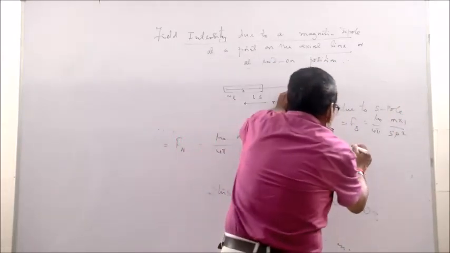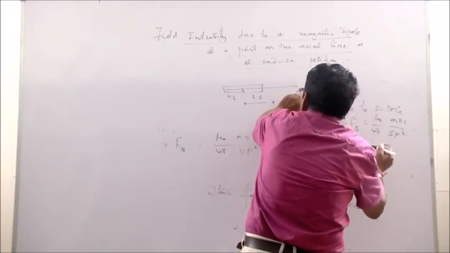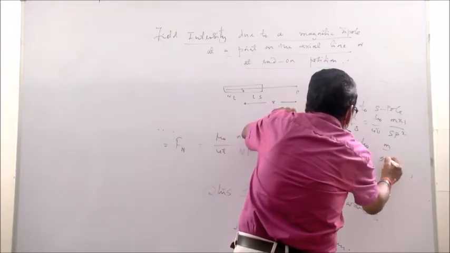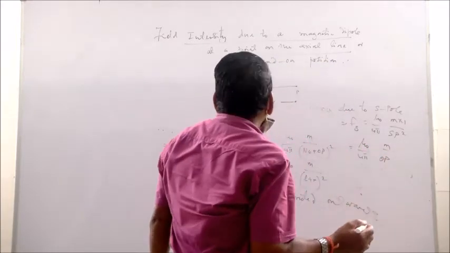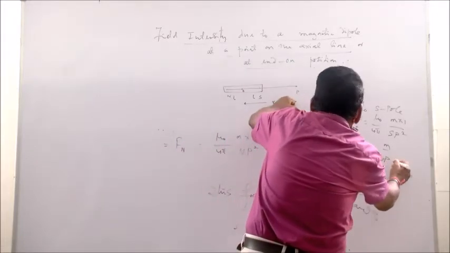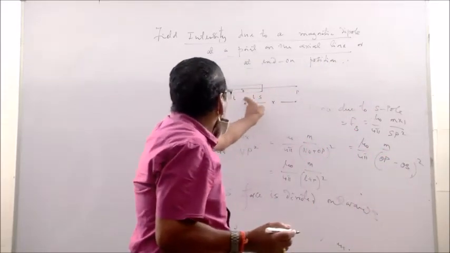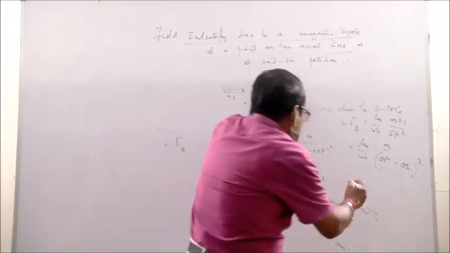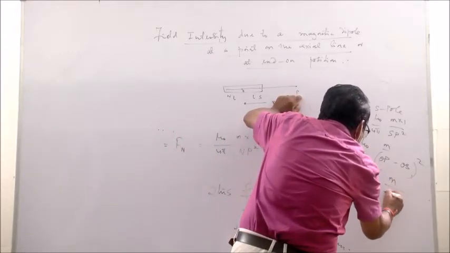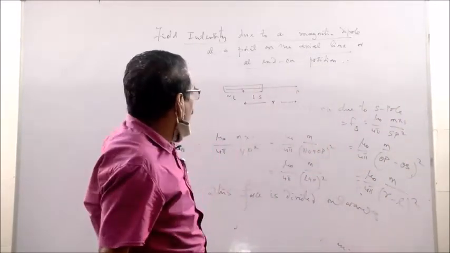So that is equal to mu 0 by 4 pi m by SP squared. What is SP? OP minus OS, squared. So this is equal to mu 0 by 4 pi m by r minus L whole squared. This is the force due to south pole.